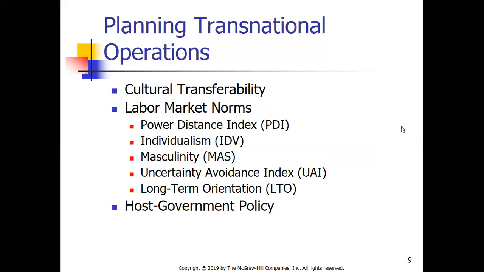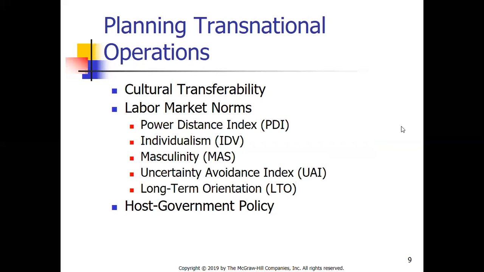And then labor market norms, this is more towards understanding the market itself, looking at the people, the employees that are going to work with you. We have the first one, power distance index, PDI. This focuses more on equality and inequality of power and wealth.